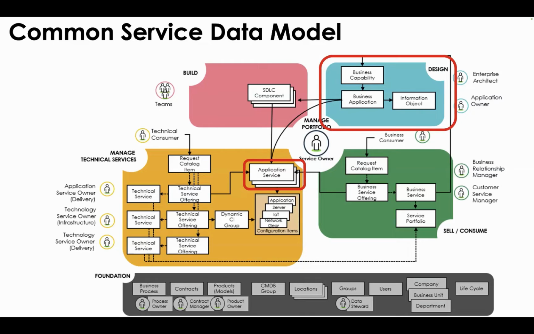We have the design domain of Common Service Data Model. That's business application, business capability, information object. And then down in managed technical services, down in that operations of the orange, I just tell people, remember orange, we have the application service. That represents a deployment of a system.